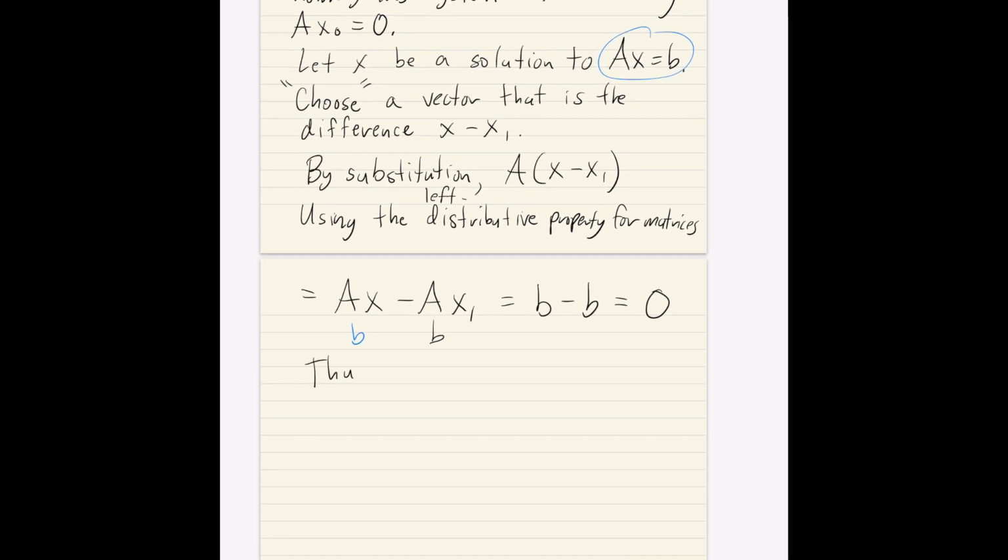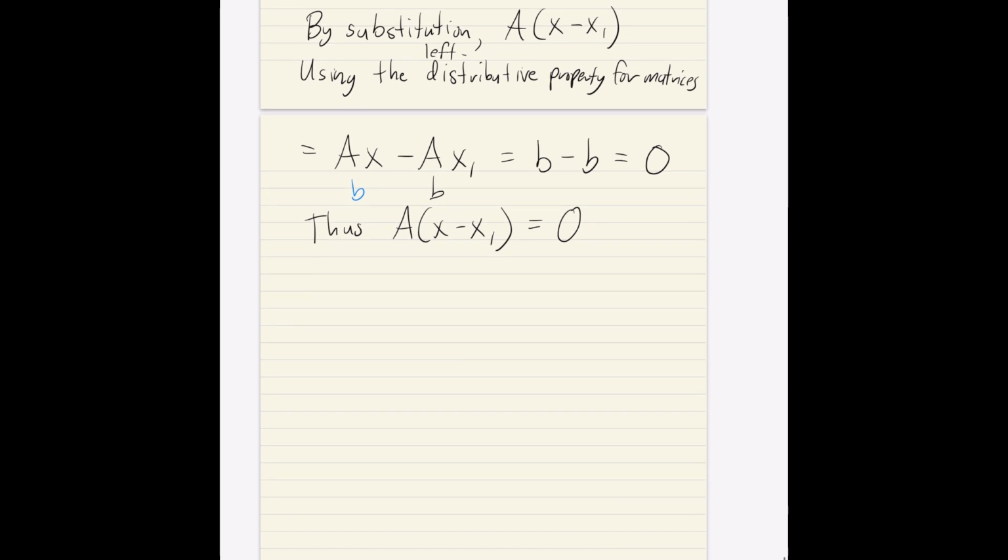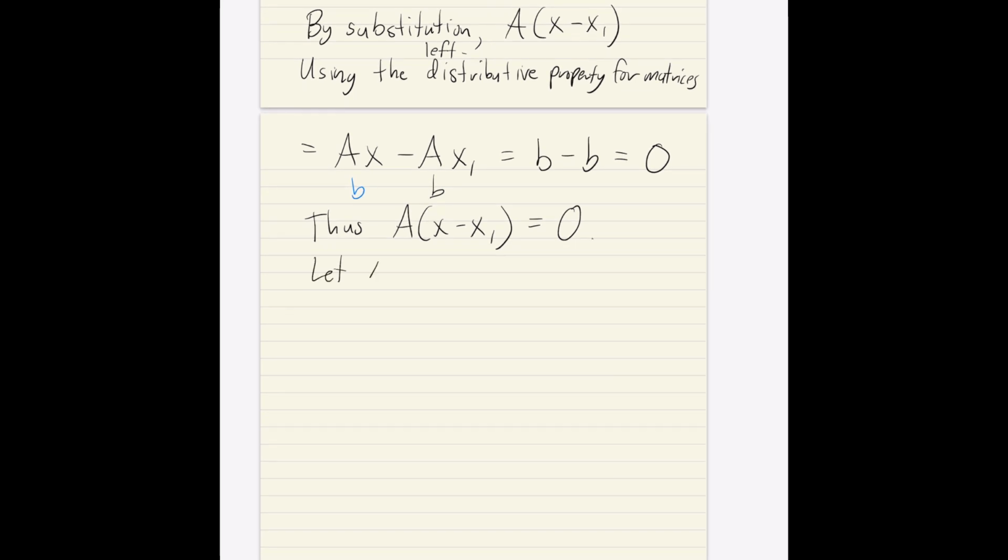Thus, here's our result. A(x minus x1) is equal to 0. But A times what is also equal to 0? We know that if we multiply A times x naught, we also get 0. So from here, we can let x naught be equal to that difference, x minus x1.